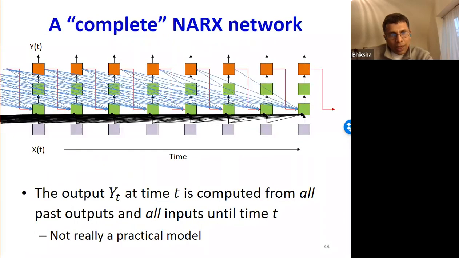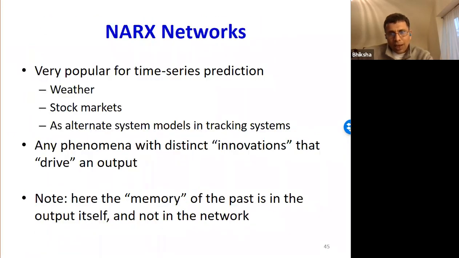Now, NARX networks are instances of recurrent networks. They're recurrent because the computation in the network at the current time affects future computations. And these have been very popular in time series prediction tasks like weather prediction, stock market prediction, and other phenomena where you have a distinct innovation process that affects the system.